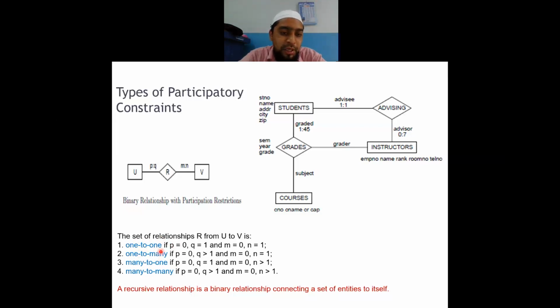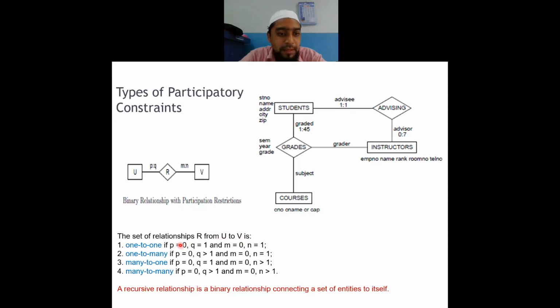We say a relation is one to one, one to many, many to one, or many to many. For example, one to one: P is equal to 0, the minimum number of participants from U is 0 and the maximum is 1. That means only one participant at most can participate here. And the minimum from V is 0 and the maximum is 1. That means 1:1.